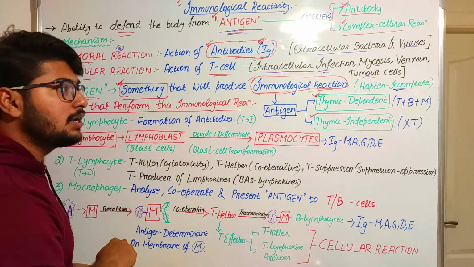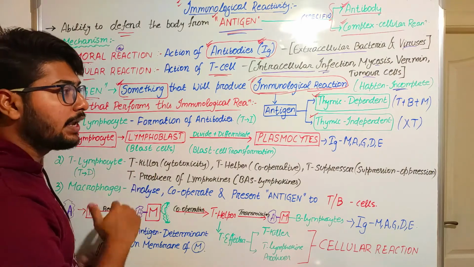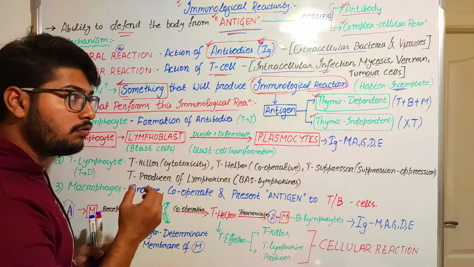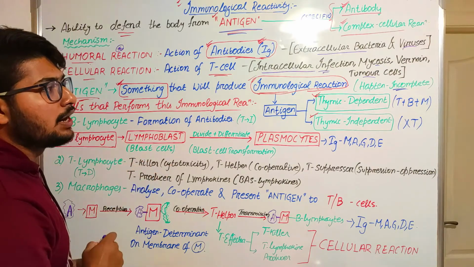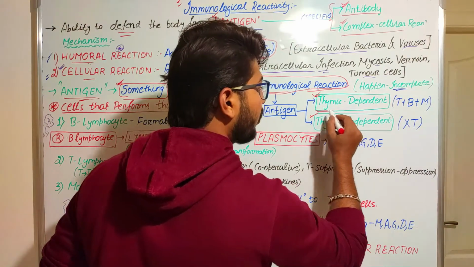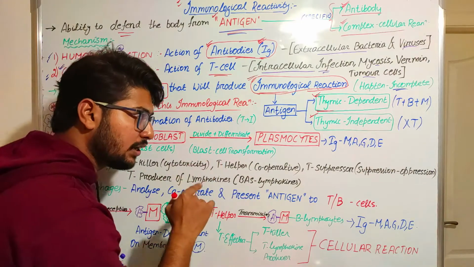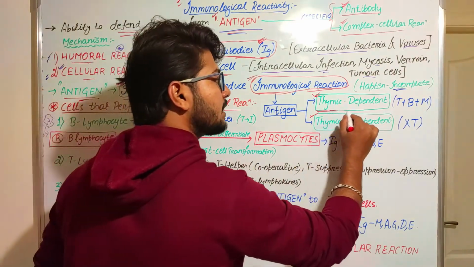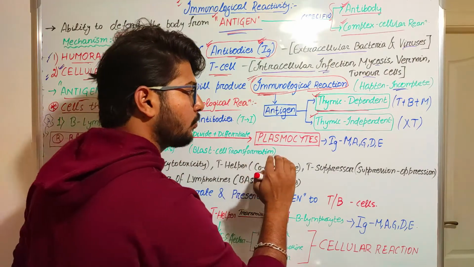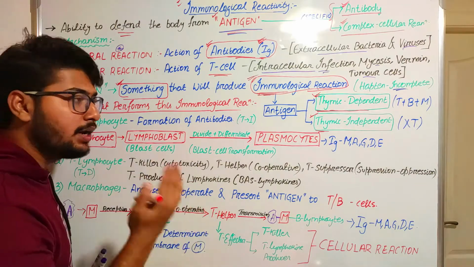The thymus is an organ present in our body that helps in the division, differentiation and maturation of only T cells. If the thymus is included during the immunological reaction, it is said to be thymus dependent, and if the thymus is not included, it is known as thymic independent.